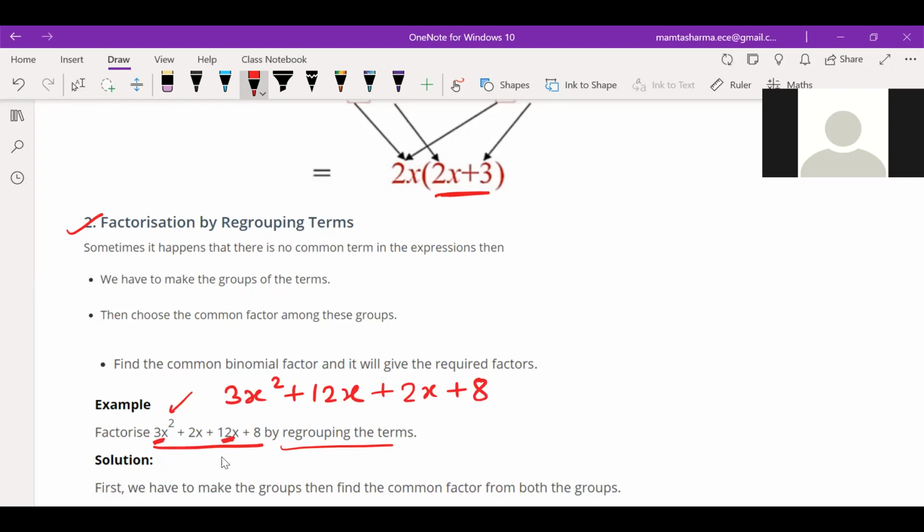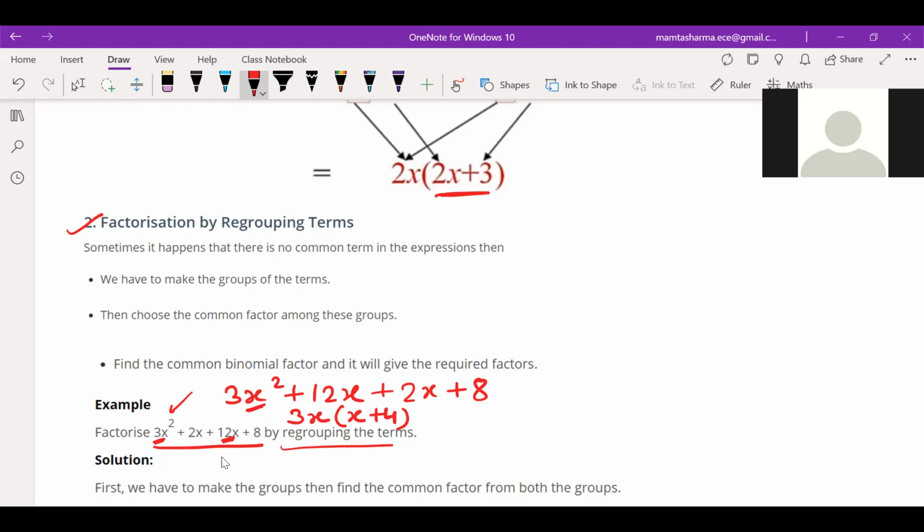After grouping, you can take the common in the first two terms. The common in the first two terms would be 3x. When you take this common, in the bracket we are left with only x in the first term and 4 in the second term. 3 4s are 12. If 3 is already out, 4 will remain.